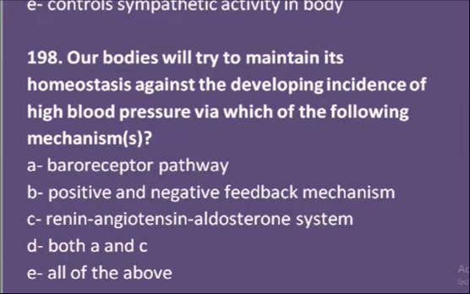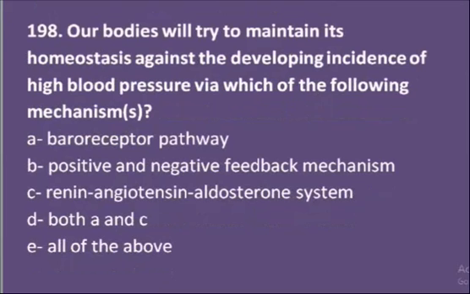Then the renin-angiotensin aldosterone system is there, this pathway is also involved in the homeostasis. So actually all of the above options are correct. So E is the answer to this MCQ.